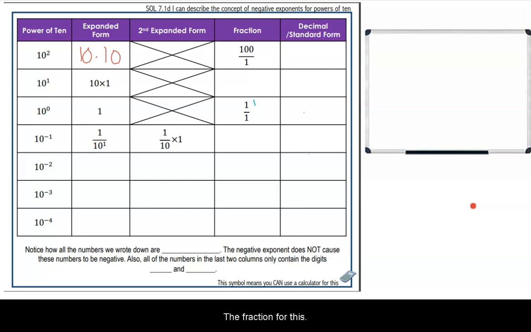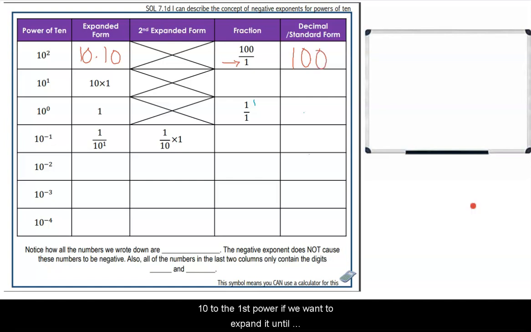The fraction for this, because it's not even a fraction as it is, but if we want to write it as a fraction, we would simplify 10 times 10, which is 100, and we would put the number 1 on the bottom. So for any whole numbers, if you're asked to write them as a fraction, we have 100 ones, 100 wholes, so the whole is represented by the 1 on the bottom. In standard form, this would just be 100.